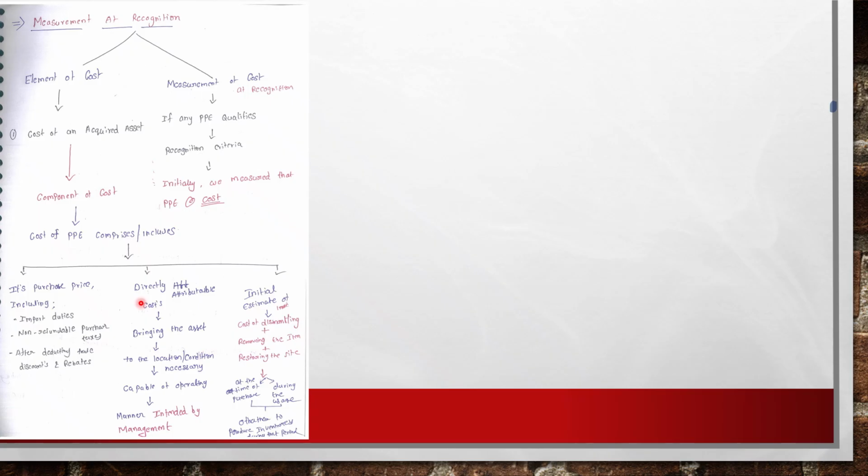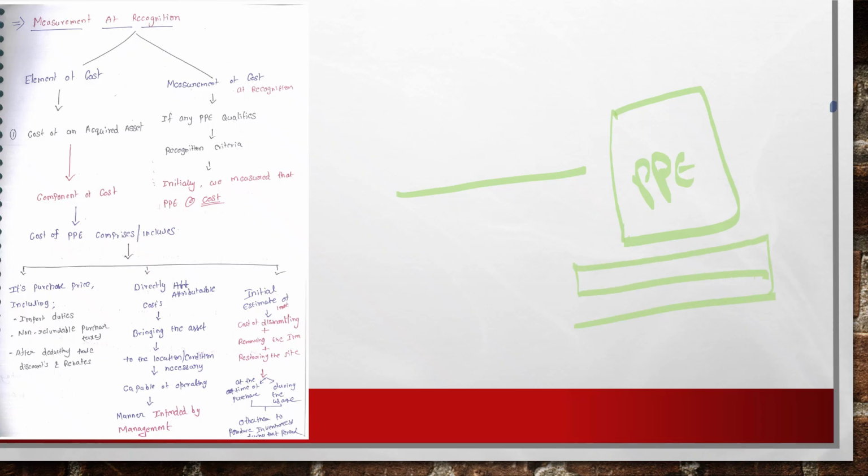any cost. And then you see what are the direct costs included in this item, the direct costs attributable to it. You will take your cost of bringing that asset, the PPE you are buying, to the location and condition capable of operating in the manner intended by the management.